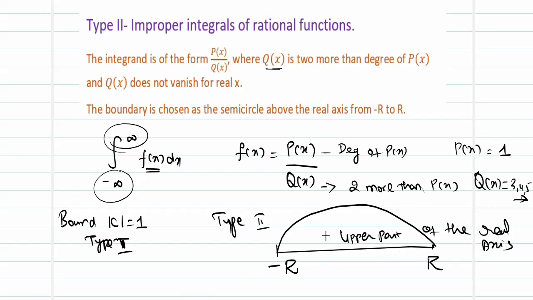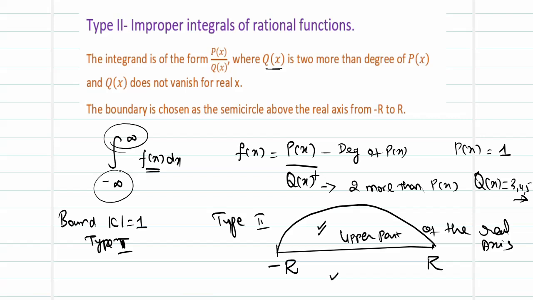So if my pole lies in the upper part, the semicircle in the upper half, then we say that it is going to have a residue. When the pole lies in the lower part, then we say that it doesn't have a residue in that particular position.